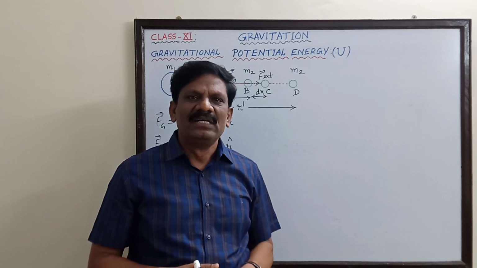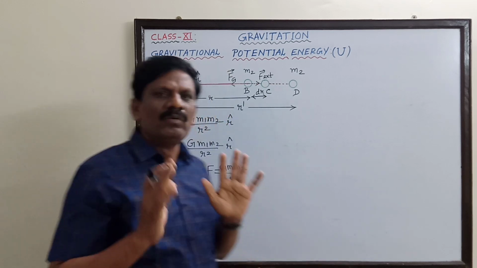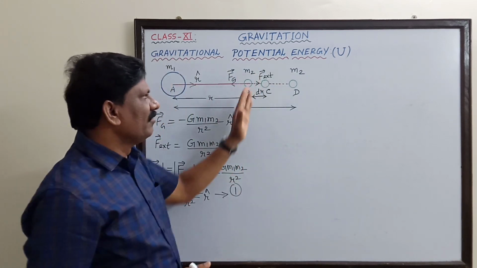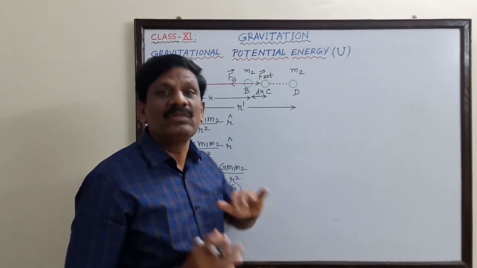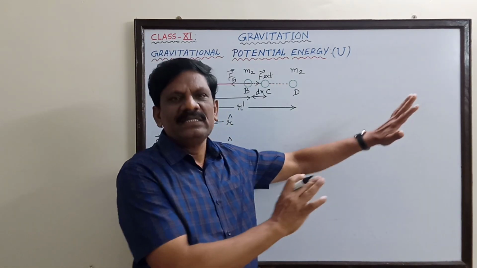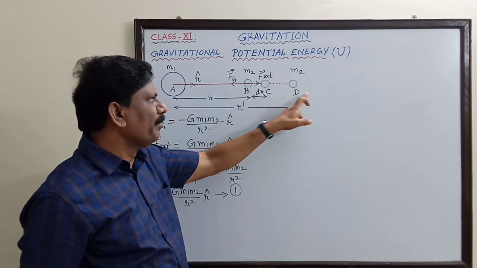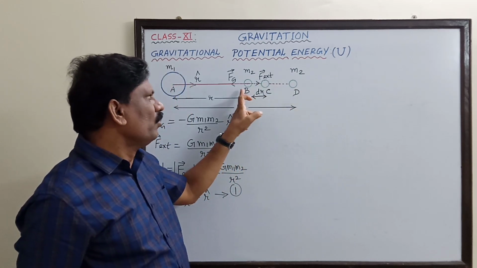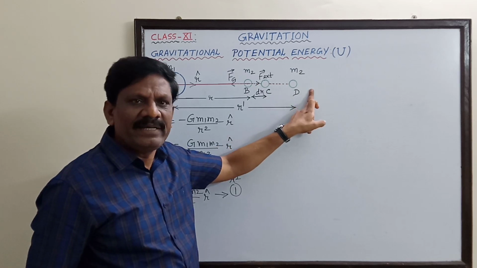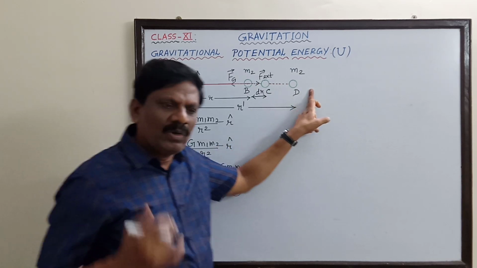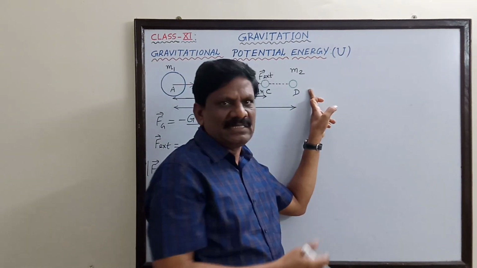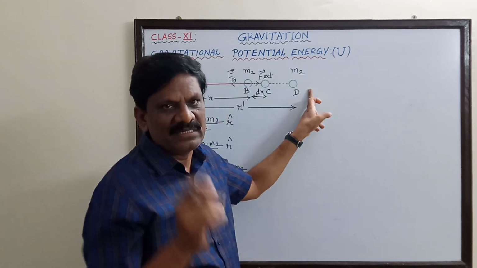Is it not? So in one case, if you exert an external force and do work, then the work done is positive. Why? Because when the mass is moved from B to D, you are moving from a lower potential to a higher potential. So work is done on the system, and hence it is positive.